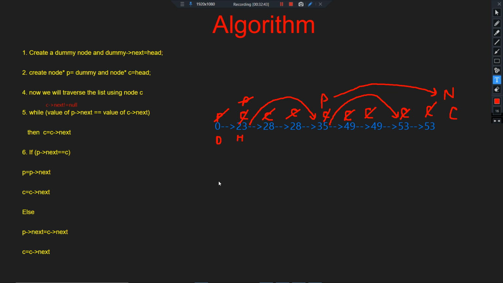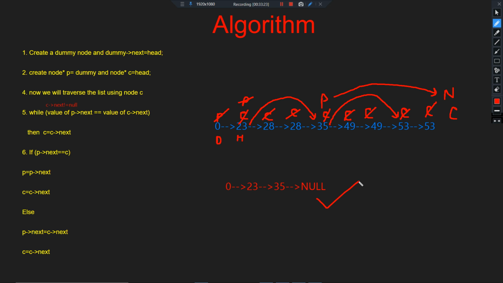Our final linked list is 0, then 23, then 23's next is 35, then 35's next is 53. No, it is not 53, it is null. So this is our final linked list that we have obtained.